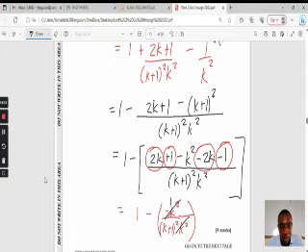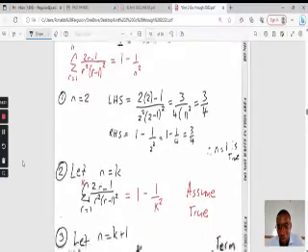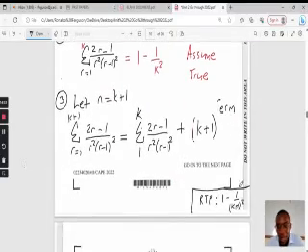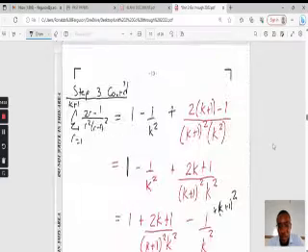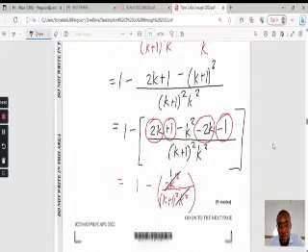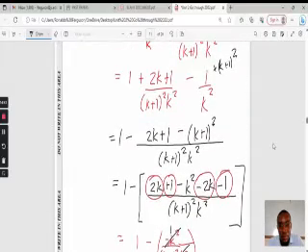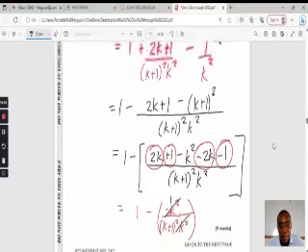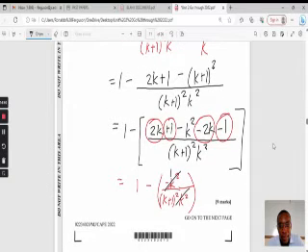But shouldn't it be 1 minus? Should there be a minus here? Because the final answer we're required to prove is 1 minus 1 over k plus 1 all squared. So I have a minus. So this is minus k squared minus 2k, then minus 1, and then minus and minus.